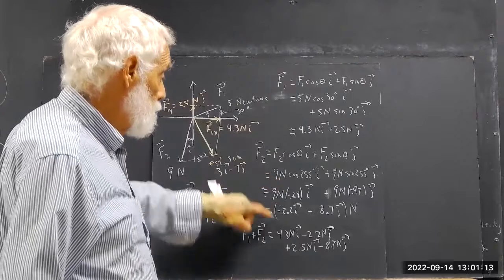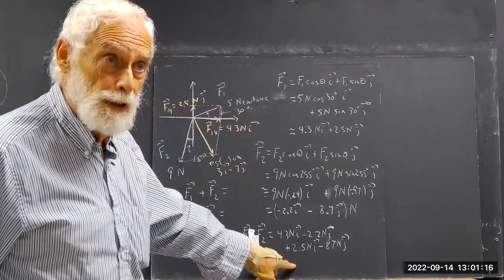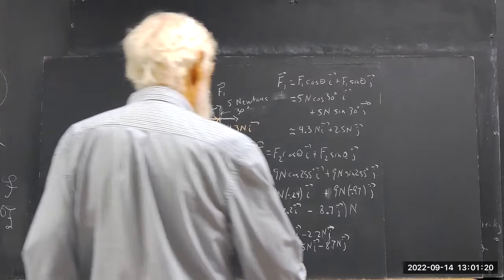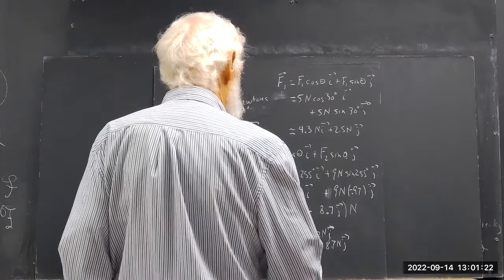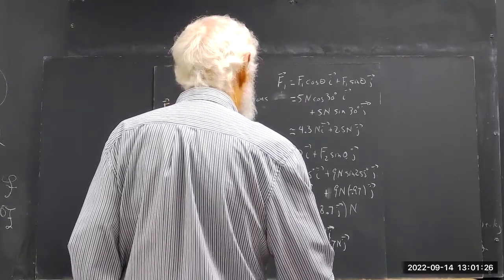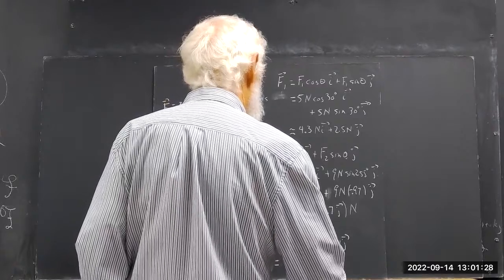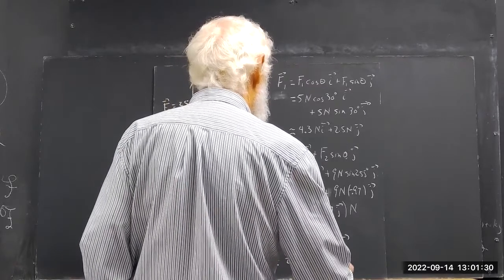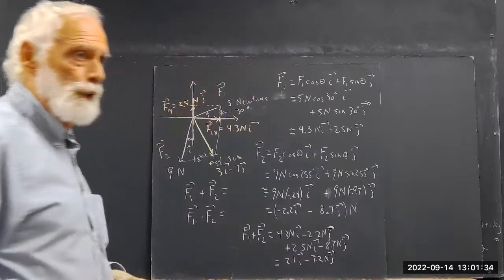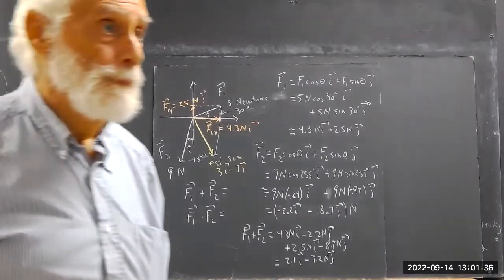Once you have F1 and F2, you easily write out F1 plus F2. Now, having done that, we see that this is 2.1 newtons times I minus 7.2 newtons times J. Is that close to what you got?